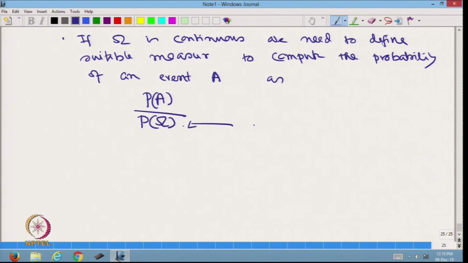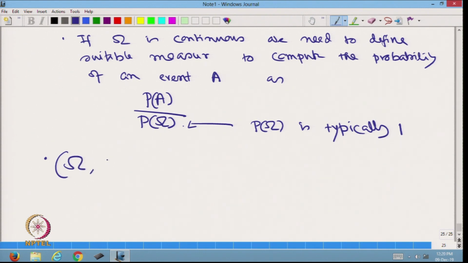Typically, we keep P of omega is equal to 1. So, if this is 1, then P of A itself will give us the probability of A. If it is not 1, then we have to make the division, and therefore, through that we will get the probability.